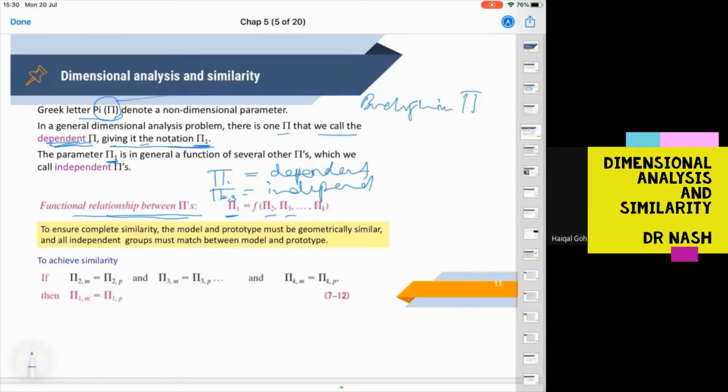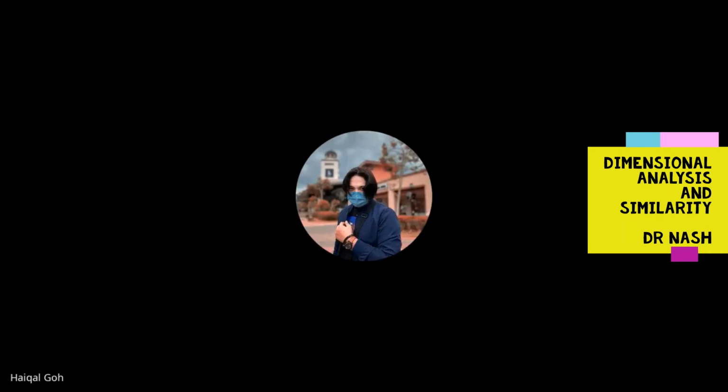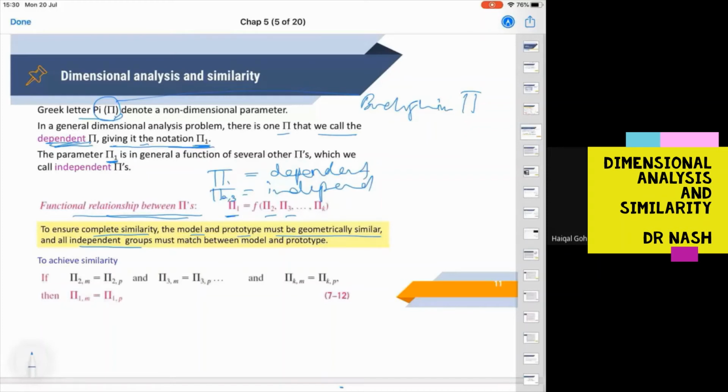Okay, to ensure complete similarity, the model and prototype must be geometrically similar, and all independent groups must match between model and prototype. Remember I said, for example, the car earlier, the Proton, everyone knows the new X70. When we want to test this Proton X70 in 100 situations, but we want to save cost and time, we do experiments. Right?